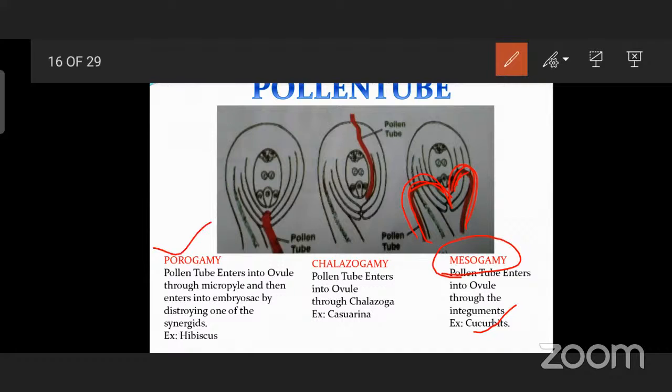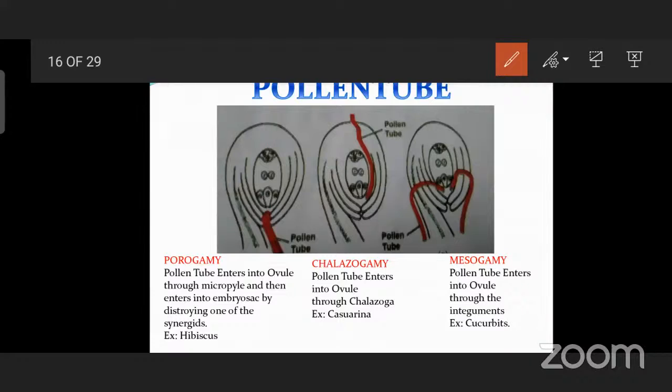First, porogamy, second, chalazogamy, and third, mesogamy. In porogamy, the pollen tube enters the micropylar region. In chalazogamy, the pollen tube enters the ovule through the chalazal region. And in mesogamy, the pollen tube enters through the integuments.